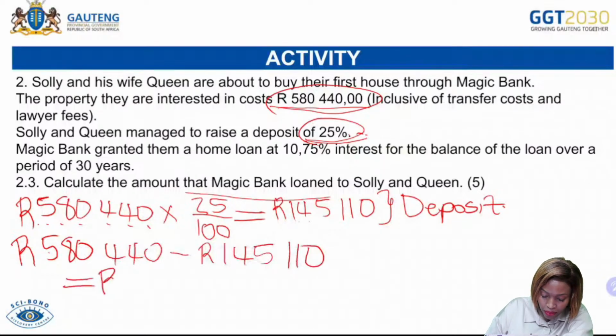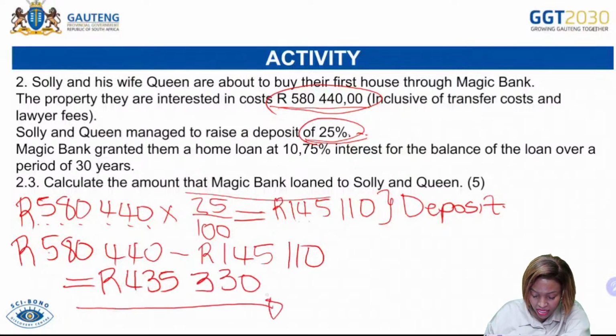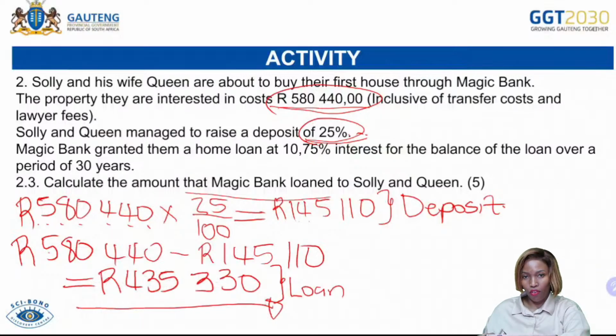I am getting 435, sorry, 435,330 rands. So that is the loan that they took from the bank. I hope you got it right.